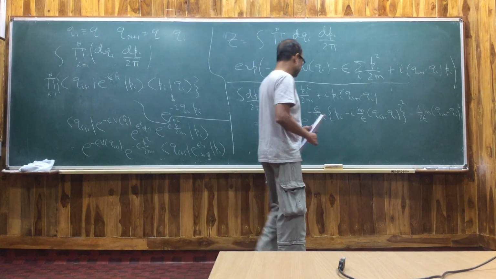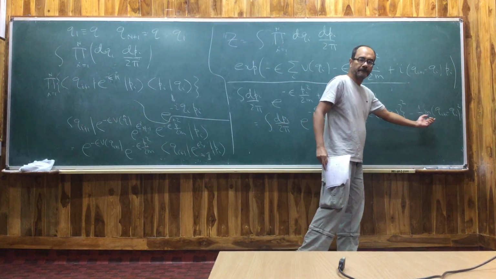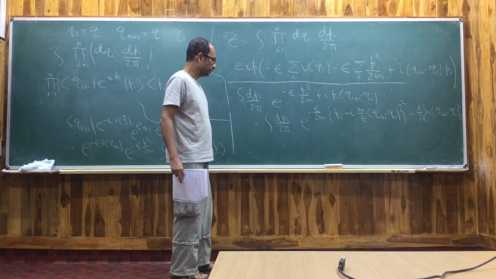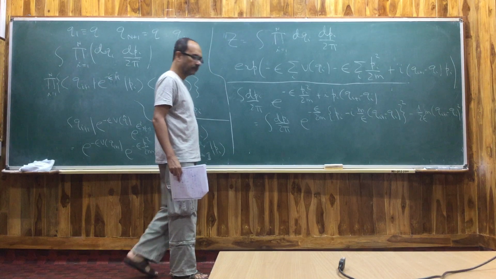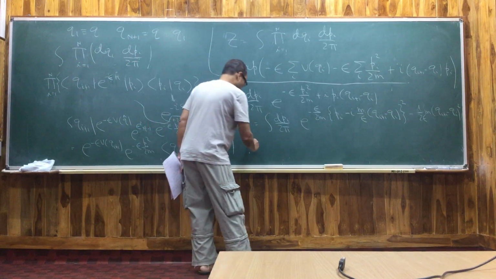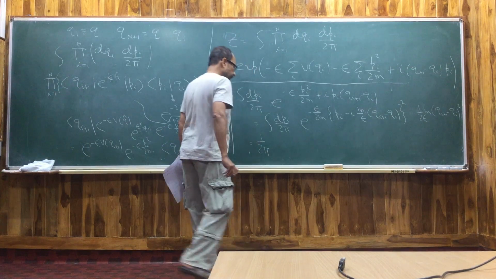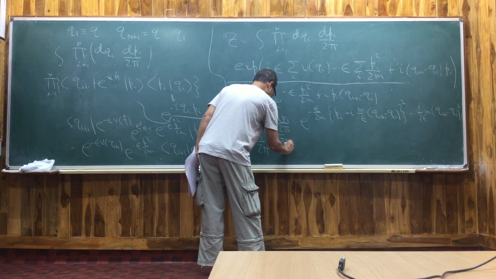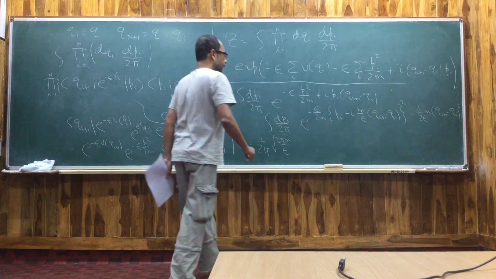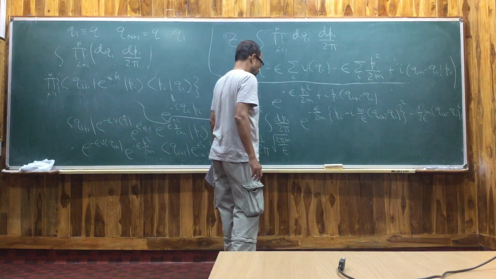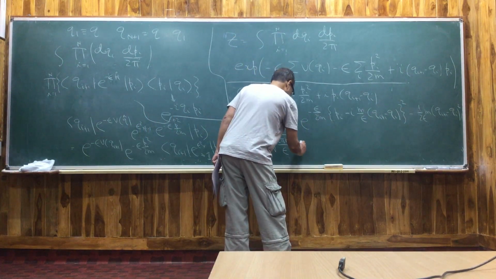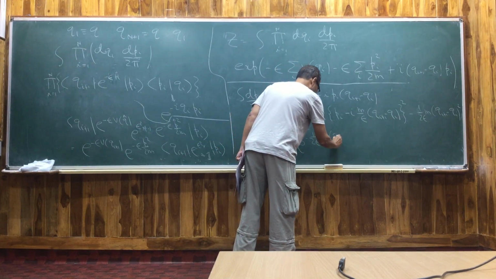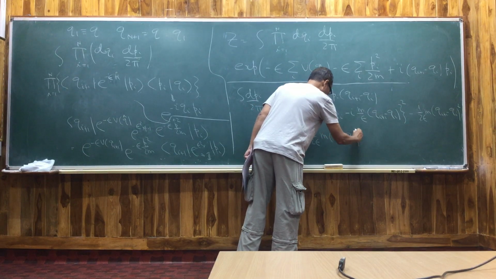I have completed the square and then subtracted off the term which is extra. So this gives you 1 over 2 pi, and then square root 2 pi m by epsilon, times the Gaussian e to the power minus 1 over 2 epsilon m (q_{i+1} minus q_i) squared.